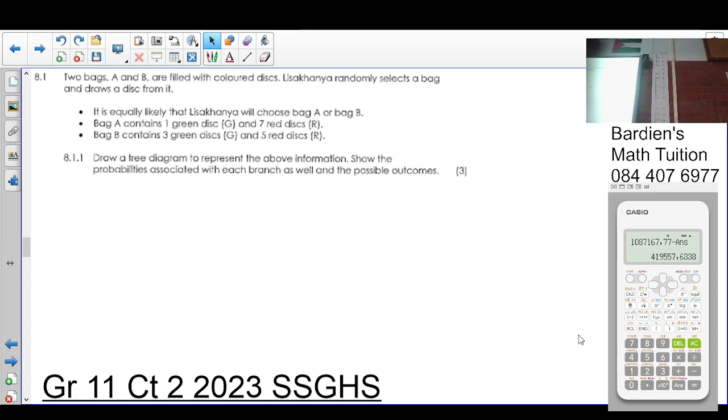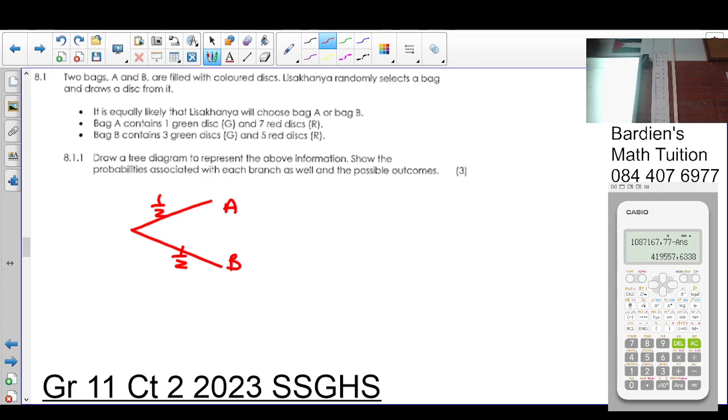Yes. Did Lisa Kanya get 4 marks for this question? Of course. Nice. I like it. She randomly selected a bag and threw a disc from it. It is equally likely that Lisa Kanya will choose bag A or bag B. So, it was equally likely. What's the probability of her choosing bag A? Bag B.